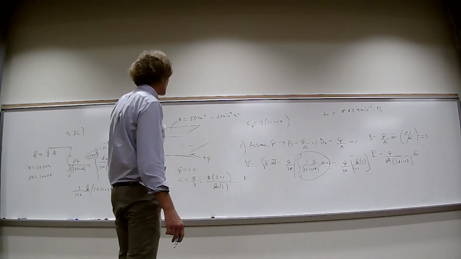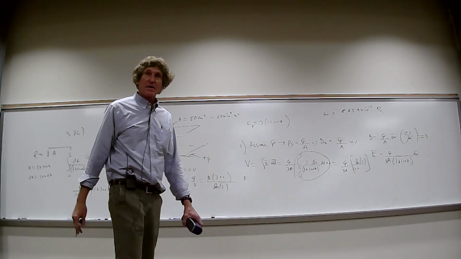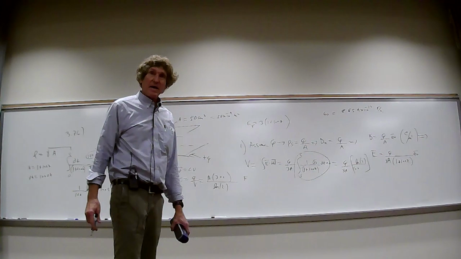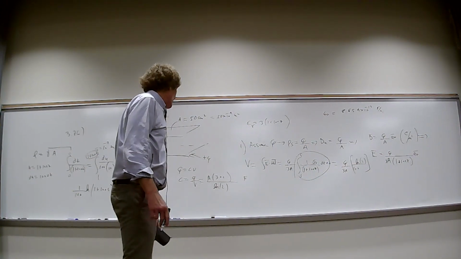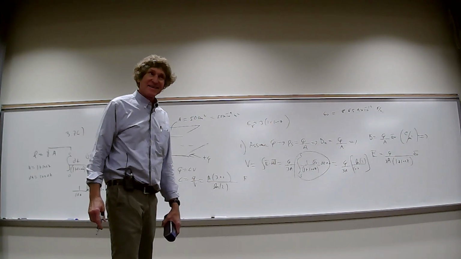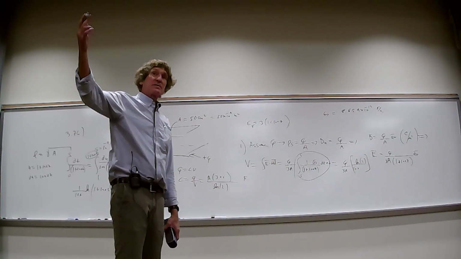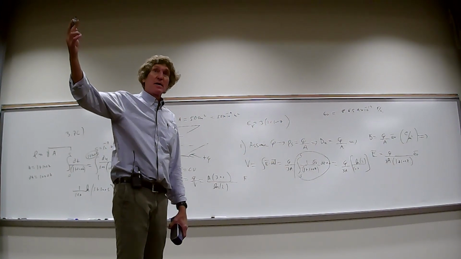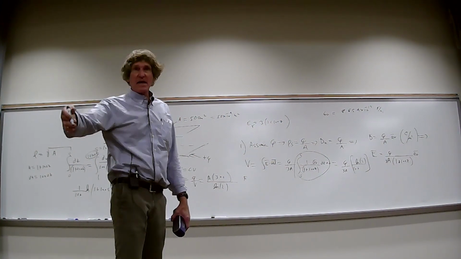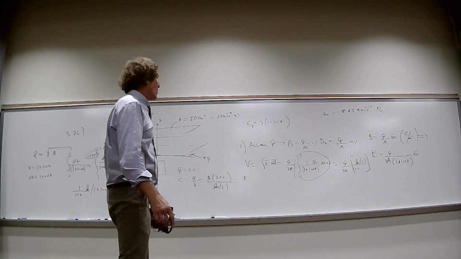My A is what? 50 times 10 minus 4. If you put that in there, you should get the right answer. Does he have the form of 1 over the natural log of 2? He does? He probably puts in A. 3 times epsilon naught A.